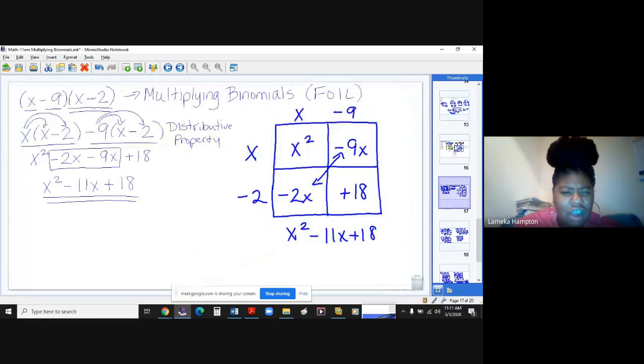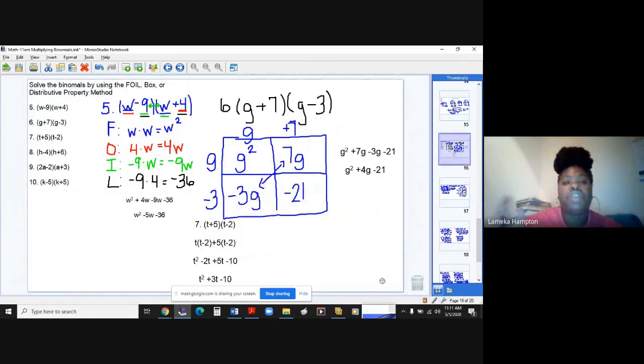Okay, here we go. So this is what we did yesterday. If you go back to the playback video from Thursday, see all of these things tie together. I had posted 10 problems to help practice the distributive property, multiplying a monomial times a binomial, and then multiplying binomials together. The first four problems were just straight distributive property.